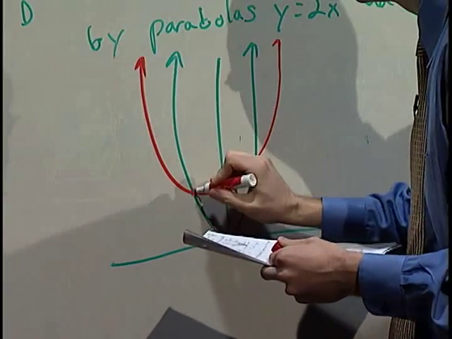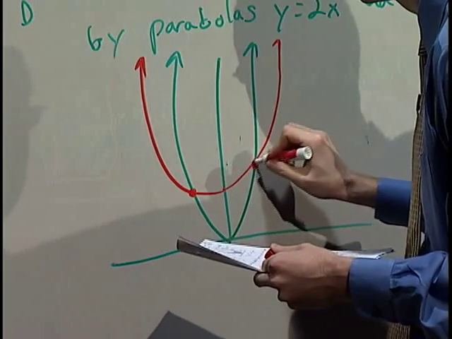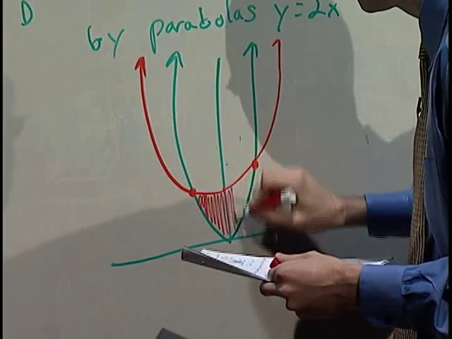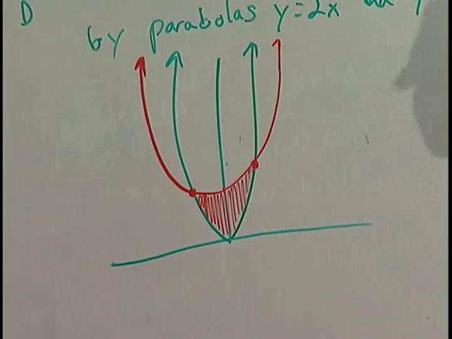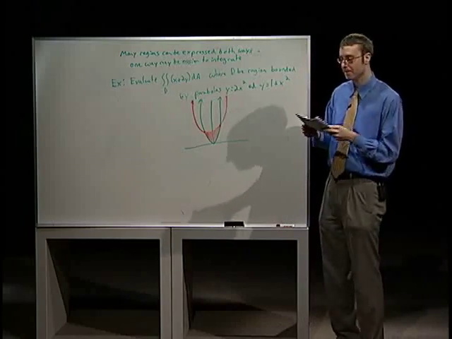So there are some intersection points. We want that region right there. Well, that's certainly not rectangular, so we're going to have to use our ideas from this section about general regions.